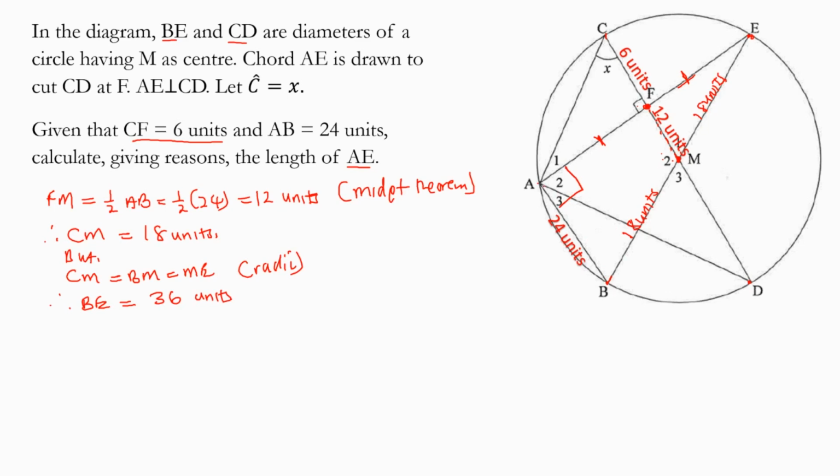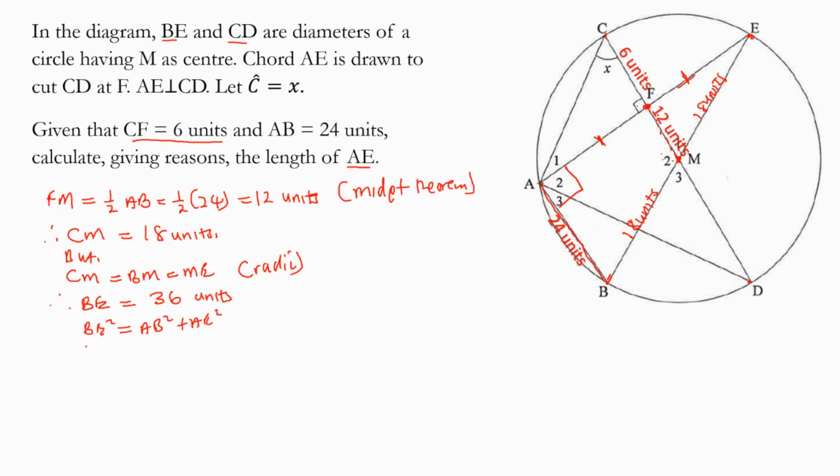Now we have our right angle triangle here. We have side AB, we have the hypotenuse BE, and then we can find AE. Now let's use the Pythagoras theorem. BE squared is equal to AB squared plus AE squared.